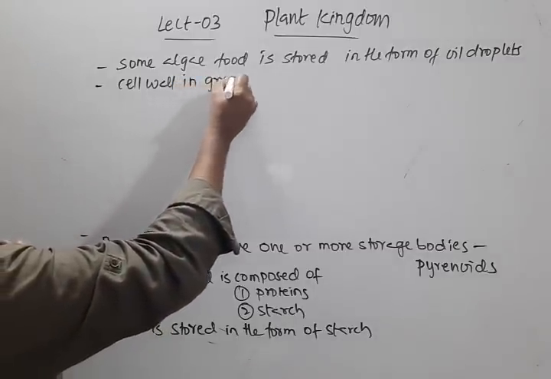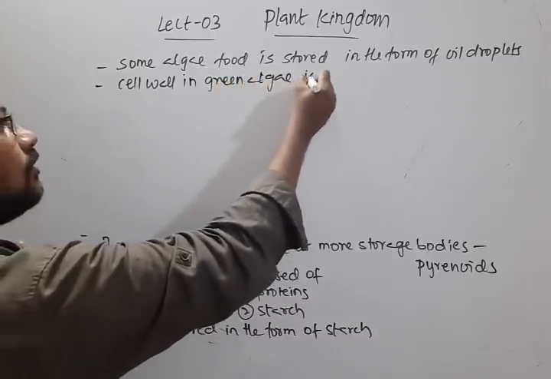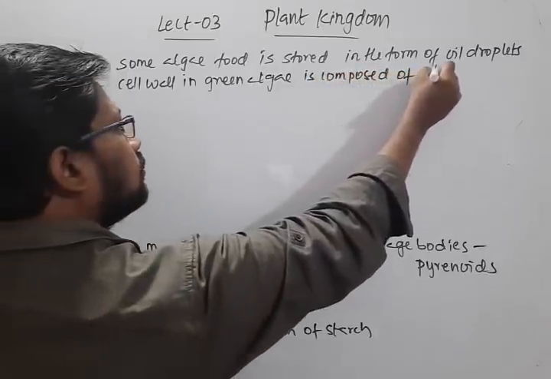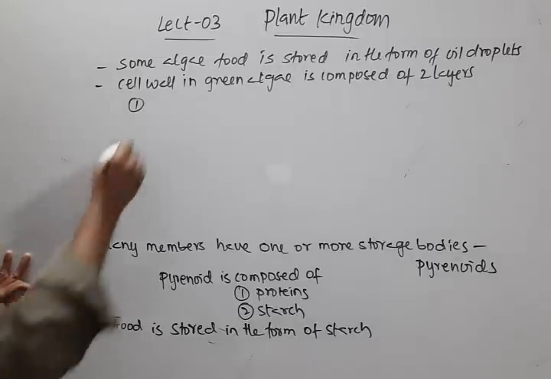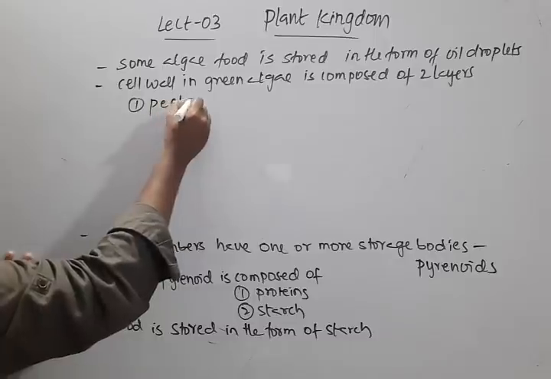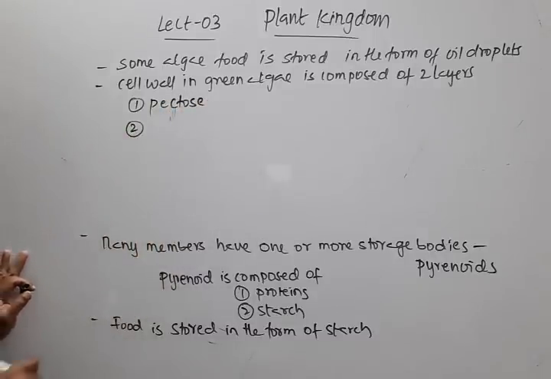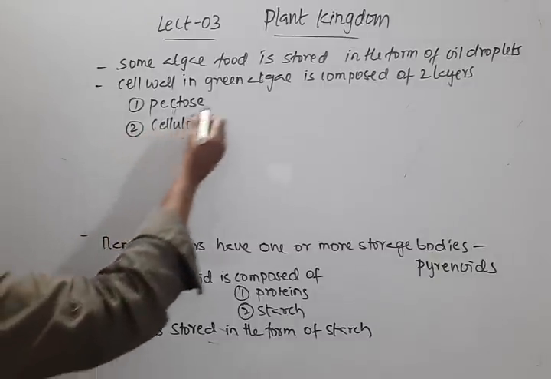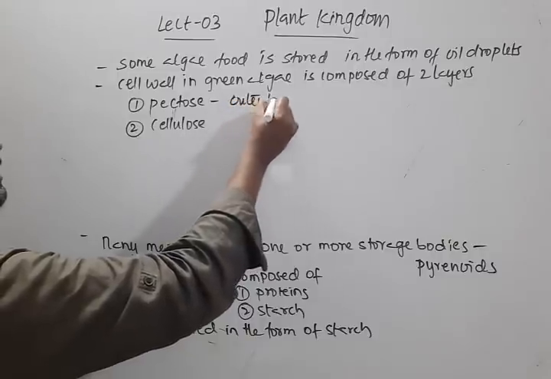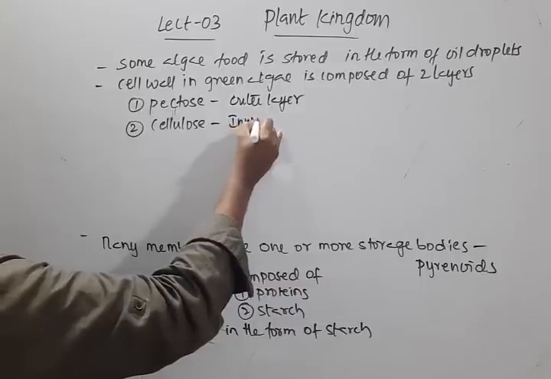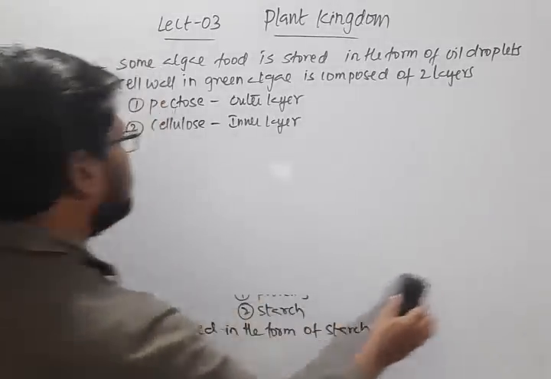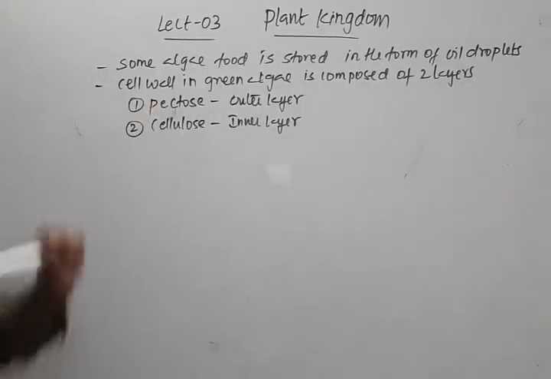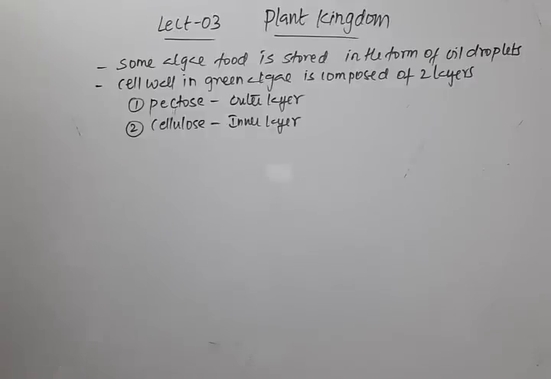The first one is a pectose layer, and another one is called cellulose layer. This pectose forms the outer layer, whereas cellulose will form the inner layer. So the cell wall in green algae is composed of two layers: the outer layer made up of pectose, and the inner layer made up of cellulose.